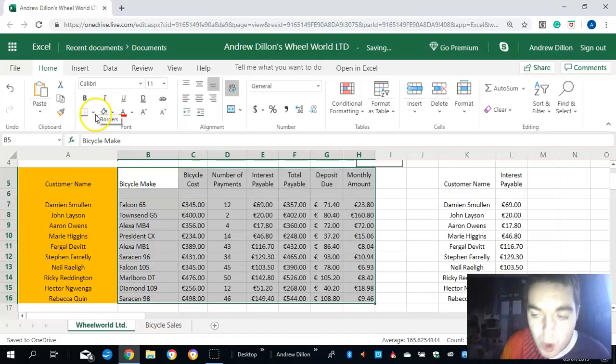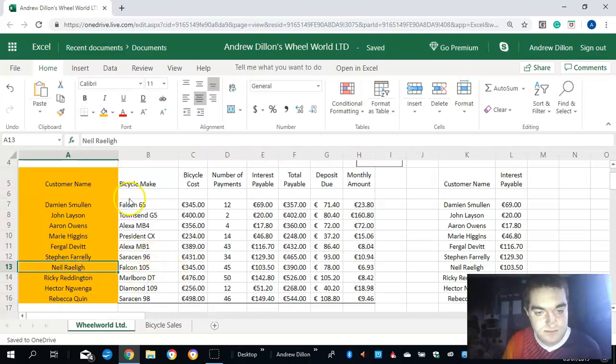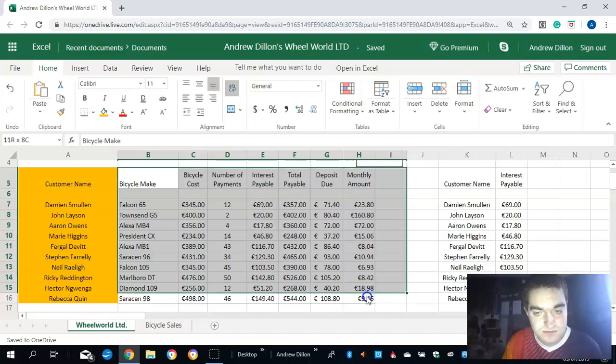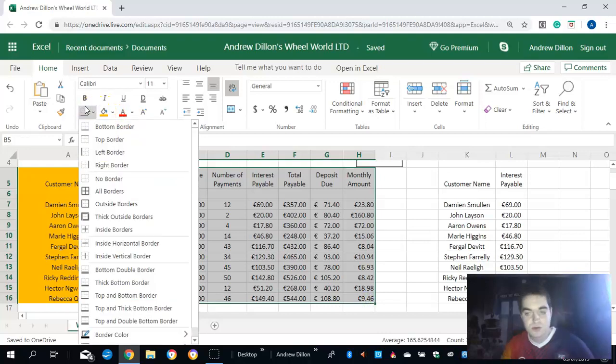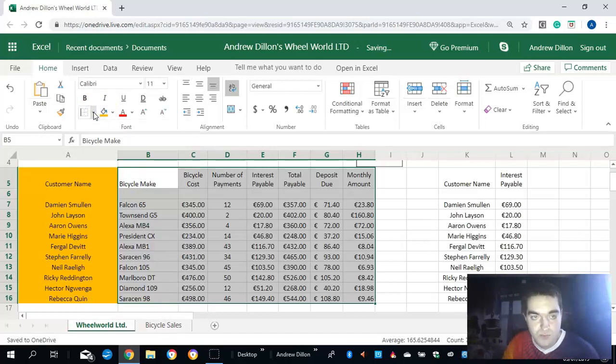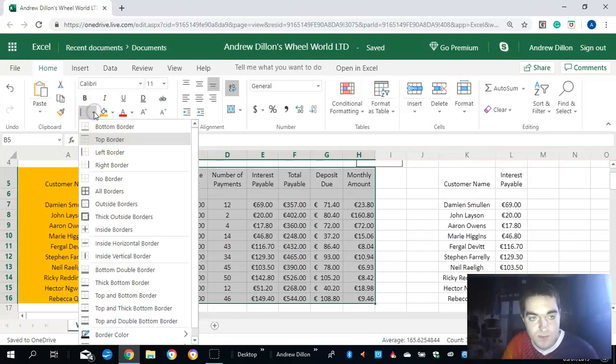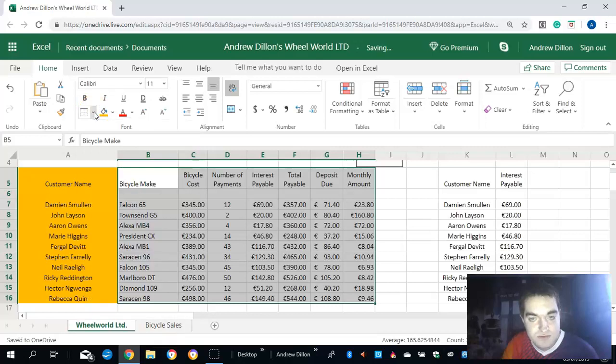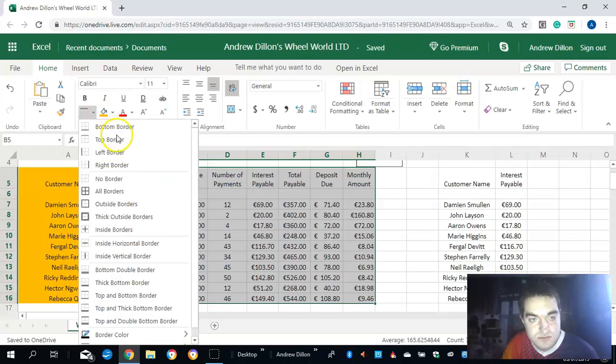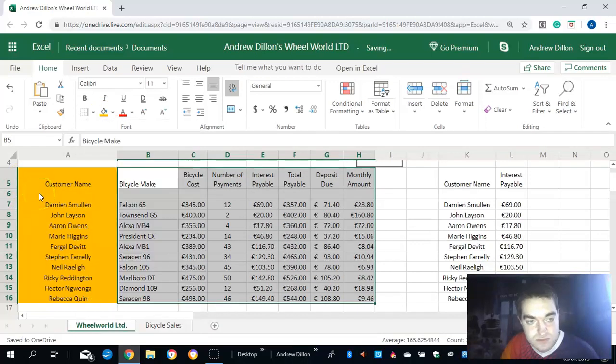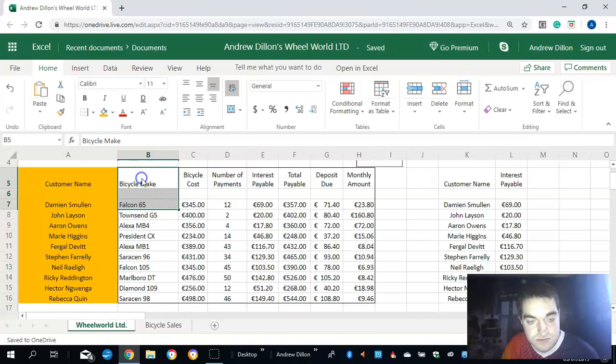See borders, put borders all around the spreadsheets. And change all this into one color.